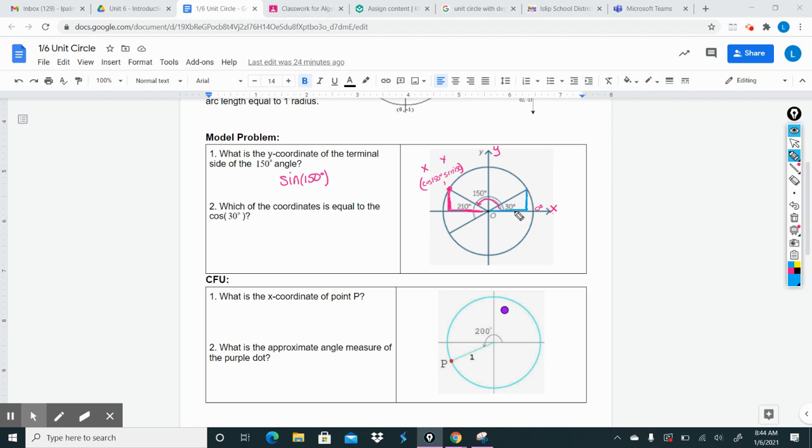So if we were looking at our adjacent angle, which is cosine, that would be our x value. So cosine of 30 is our x value, and our sine, which is opposite, the sine of 30 is our y value. So which coordinate is equal to the cosine of 30? It's the x coordinate.